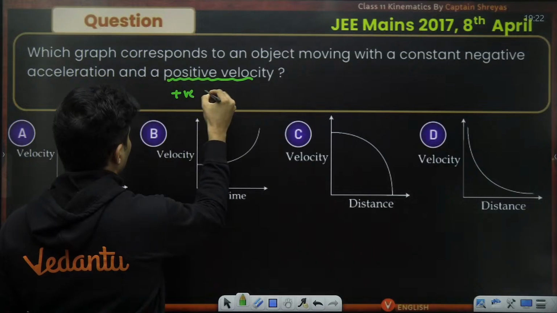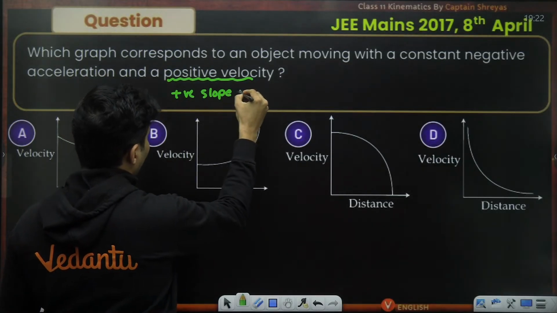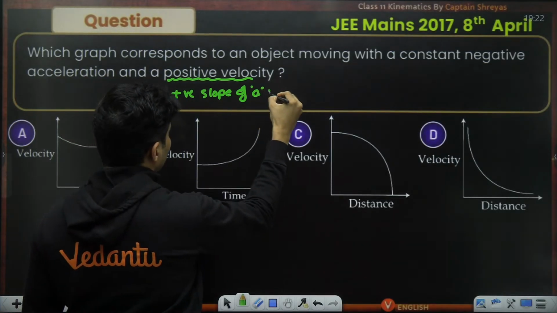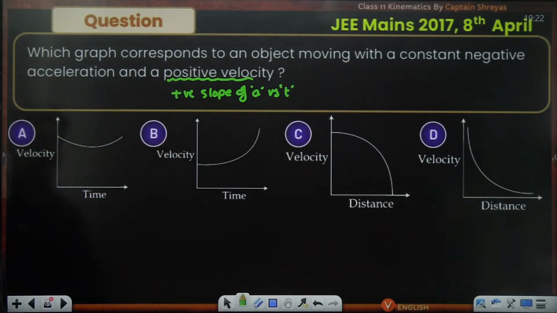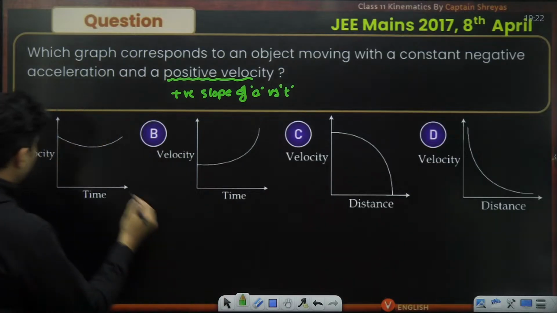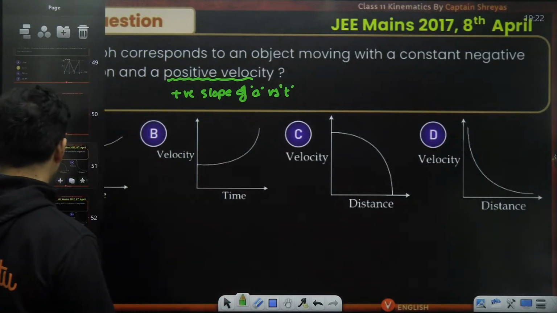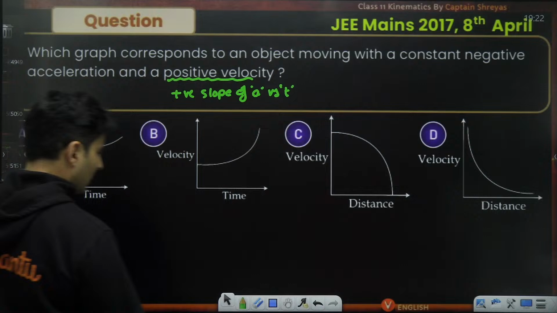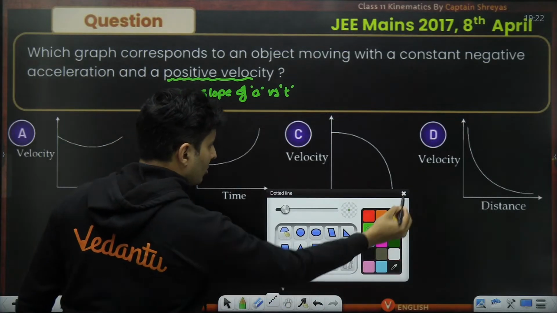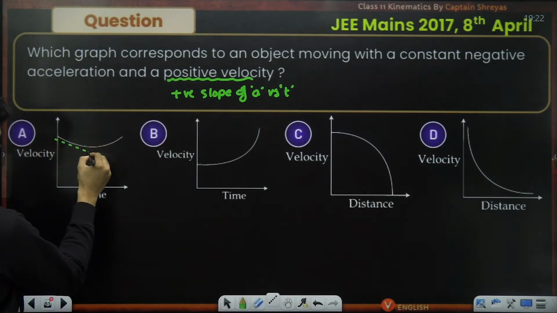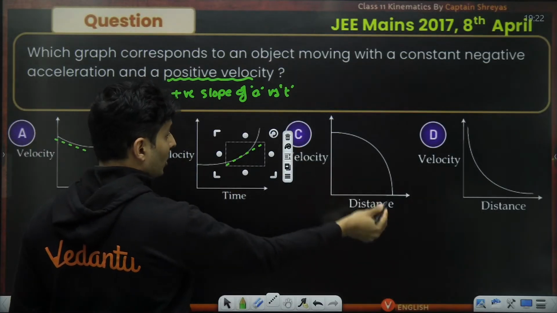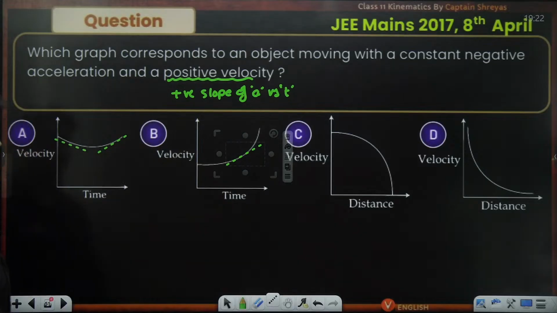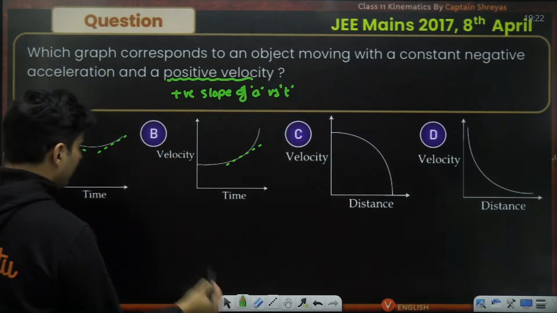If I draw a tangent to the curve here and here and here, this is velocity, so be careful, don't touch it right now.